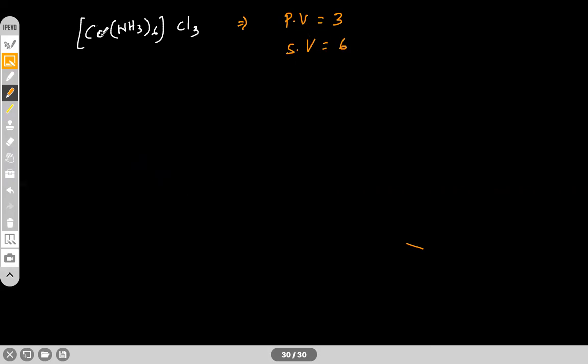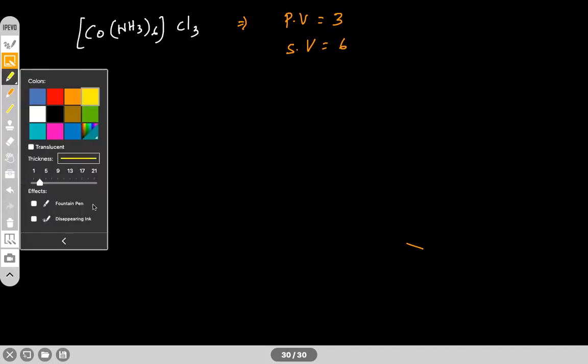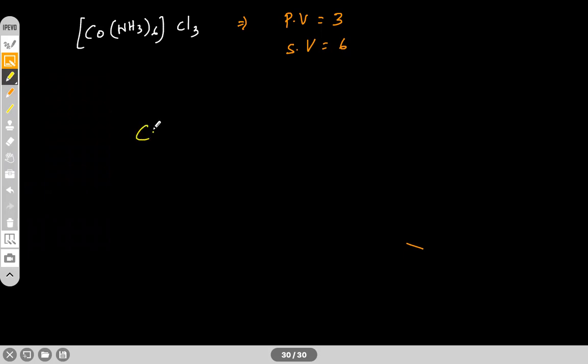Now, if you want to draw the structure, you can draw it this way. You have cobalt in the center, and we have 6 NH3, which are neutral molecules, and they satisfy the secondary valency because the secondary valency is 6. Six molecules satisfy this, so we have 6 NH3, represented by a thick line, a coordinate bond.